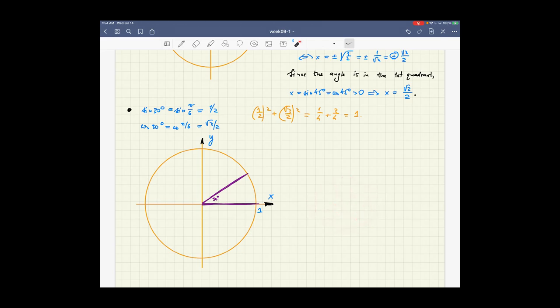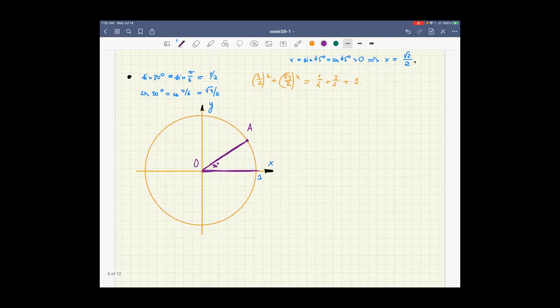Therefore, when we mirror this point here, let's call it A, about the x-axis, the image will also be a point on the same circle.